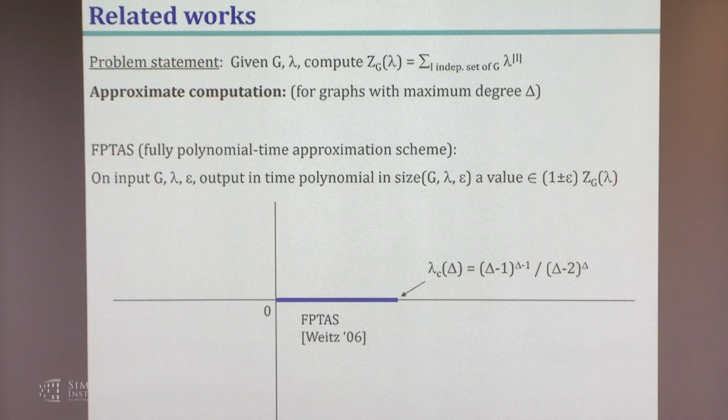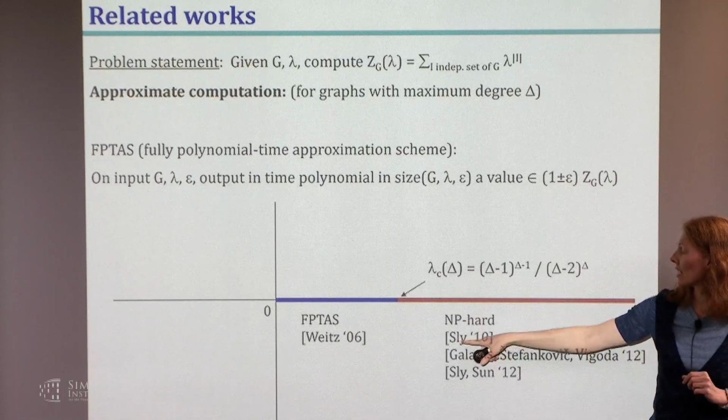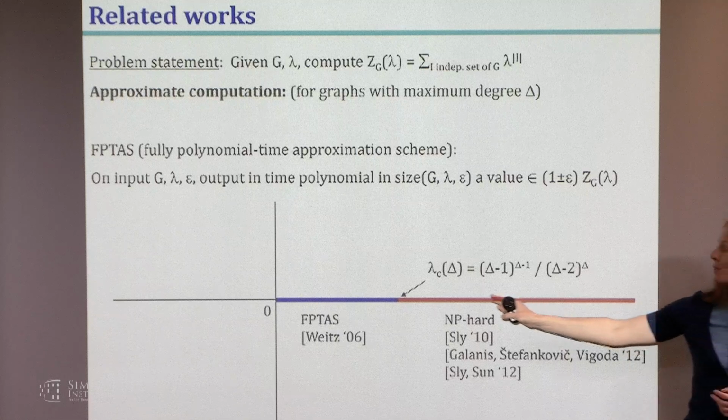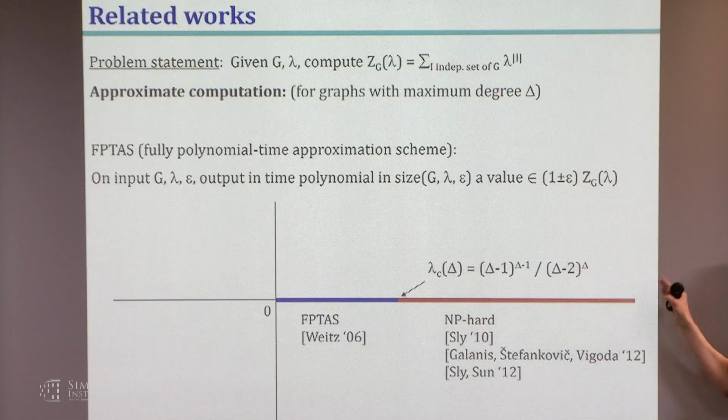A beautiful result based on correlation decay, which was then followed by a series of work, starting with a very nice result by Allan Sly and continuing with two other follow-up works, that showed that it is NP-hard to approximate the independent set polynomial beyond this critical threshold.